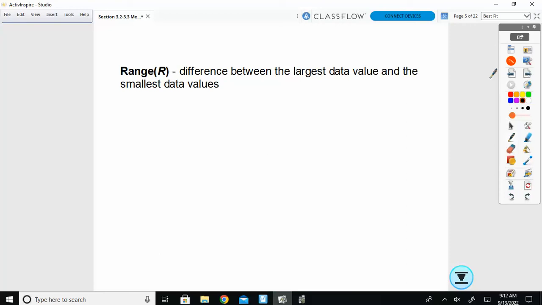If you look on your formula sheet that I gave you, go ahead and keep a copy for myself. So on here, yesterday we talked about population mean and sample mean. So the third bullet says range, largest data value minus smallest data value. So we just subtract those. That's the first way we can find out the spread of our data.